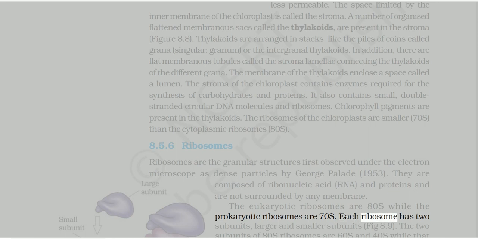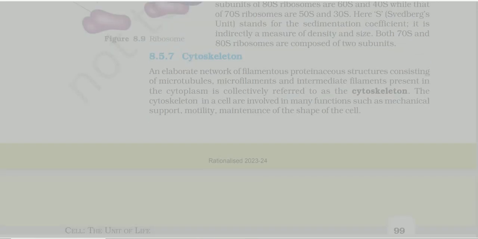Each ribosome has two subunits, larger and smaller subunits, Fig 8.9. The two subunits of 80S ribosomes are 60S and 40S while that of 70S ribosomes are 50S and 30S. Here, S, Svedberg's unit, stands for the sedimentation coefficient. It is indirectly a measure of density and size.